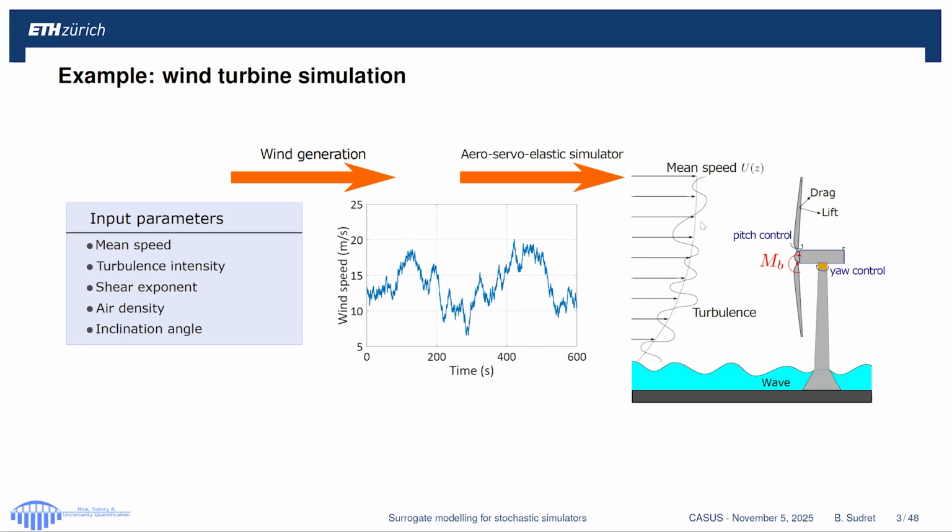But this here is basically generated by a wind generator from a few parameters, which are typically what is the average wind velocity, maybe 15 meters per second for this example here, the turbulence intensity, the variability in space here or in altitude, which is called the shear exponent. So just a few parameters. And here, when you fix these few parameters, in fact, you can generate as many different wind fields, because then you have random processes.